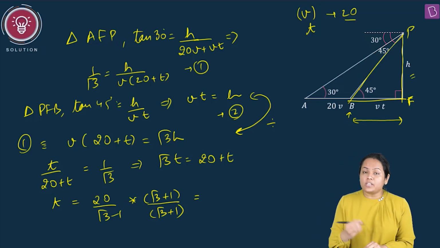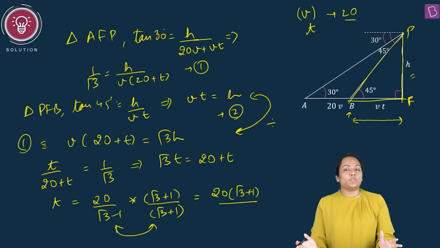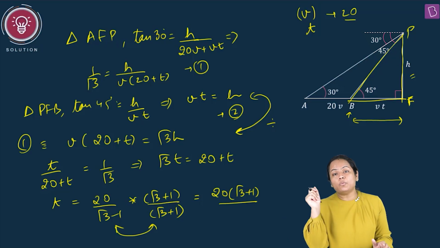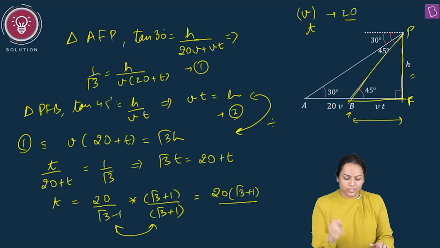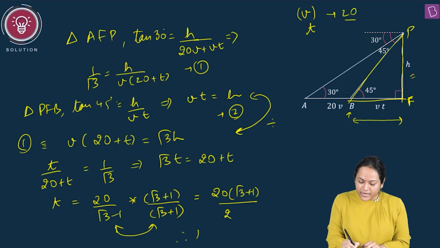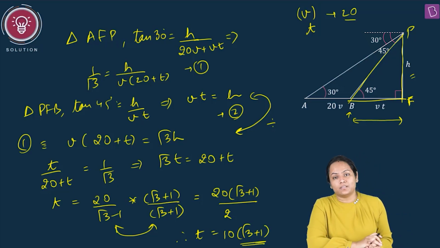Finally, when you solve this out, it's going to become 20 multiplied by (root 3 plus 1) divided by (root 3 minus 1) into (root 3 plus 1). Here we can apply a square minus b square. So the value which comes out is 2. So this is divided by 2. Or I can say that my final answer of time is going to become 10 multiplied by (root 3 plus 1). So this is the final answer.